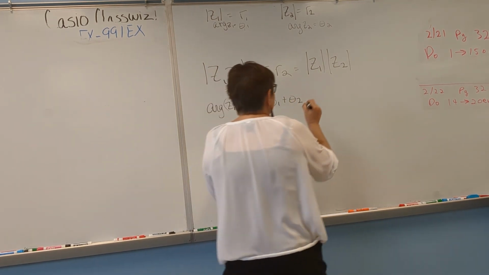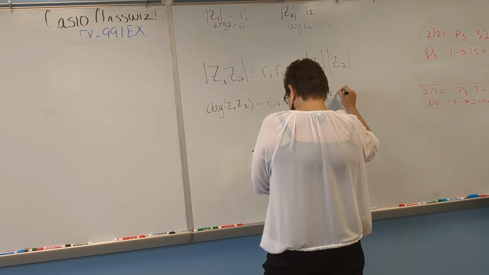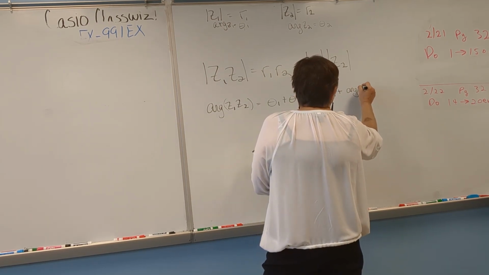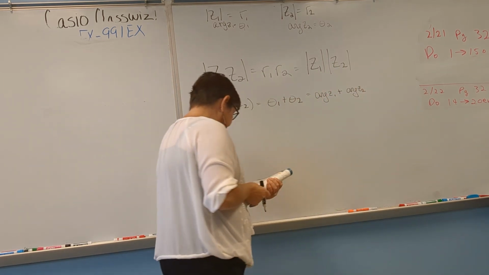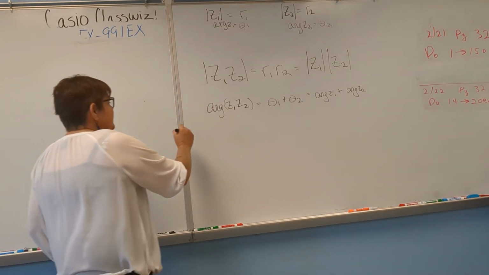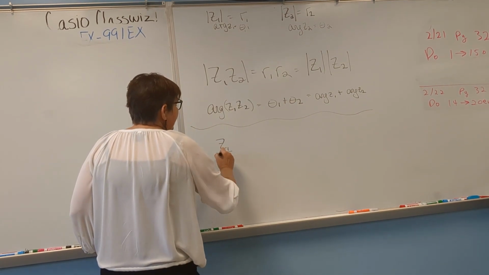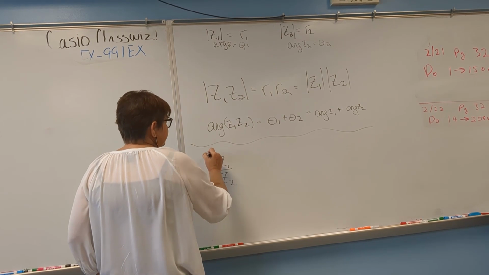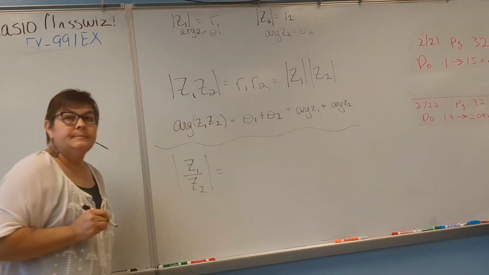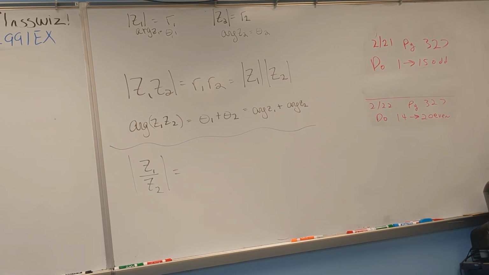We add them together. So it's basically the arg of the one, and then plus the arg of the second one. And with division, so Z1 divided by Z2. Can you guess what the R would be in that case?